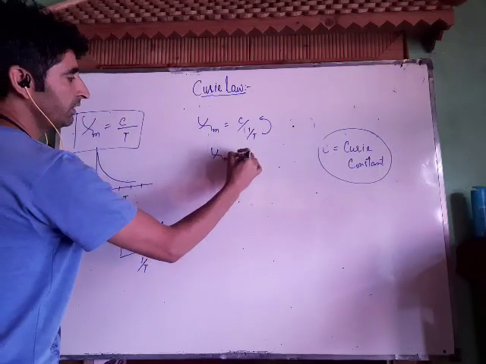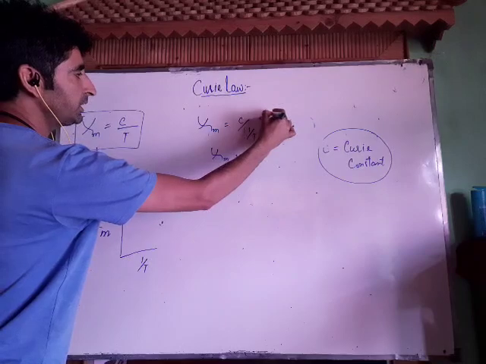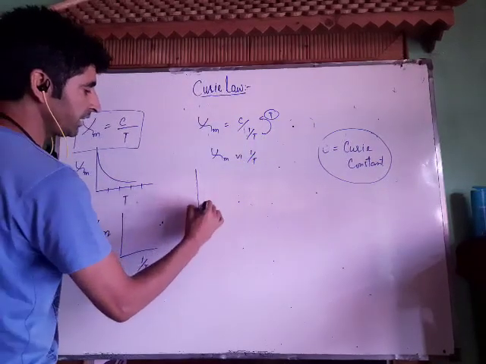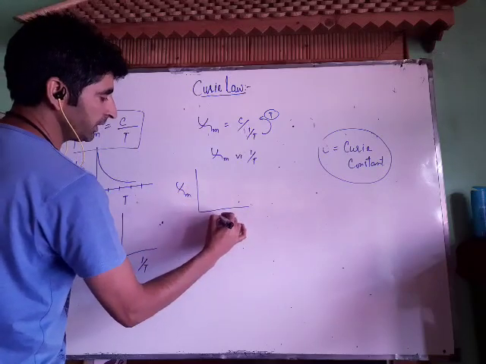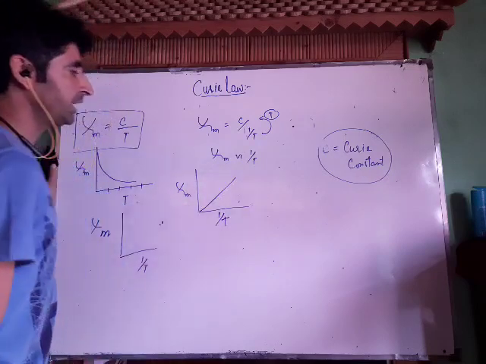Chi m versus 1 by T means chi m is directly proportional to 1 by T, therefore the graph will be a straight line.